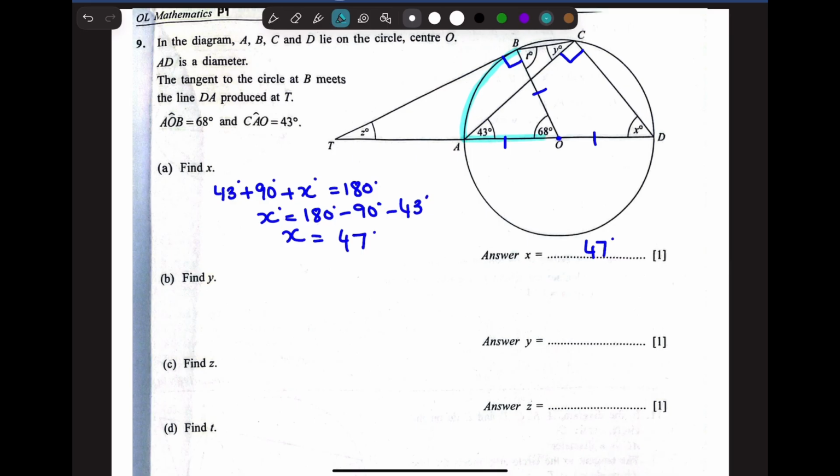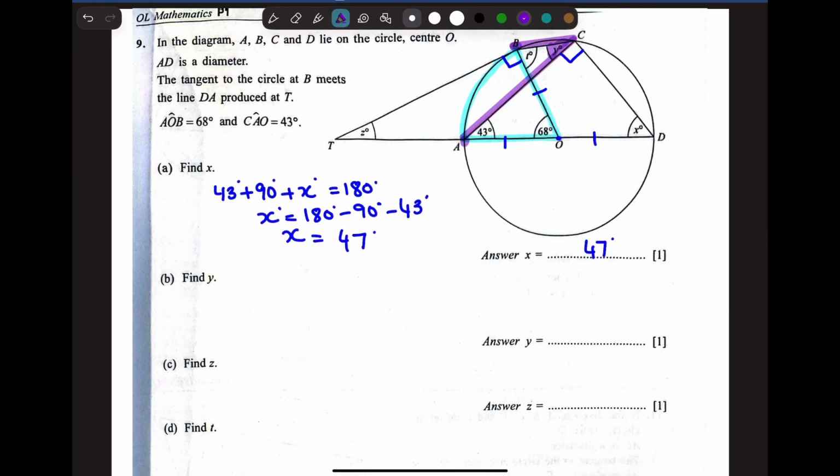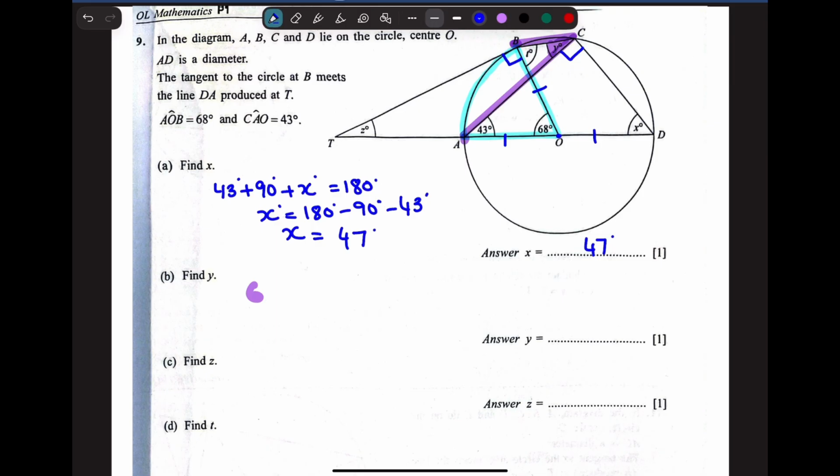So arc AB is subtending an angle of 68 degrees at the center, and the same arc AB subtends an angle of y degrees at the circumference. The angle at the center is twice the angle at the circumference. So y is going to be half of 68. So 68 divided by 2 gives you 34 degrees. So y is 34 degrees.